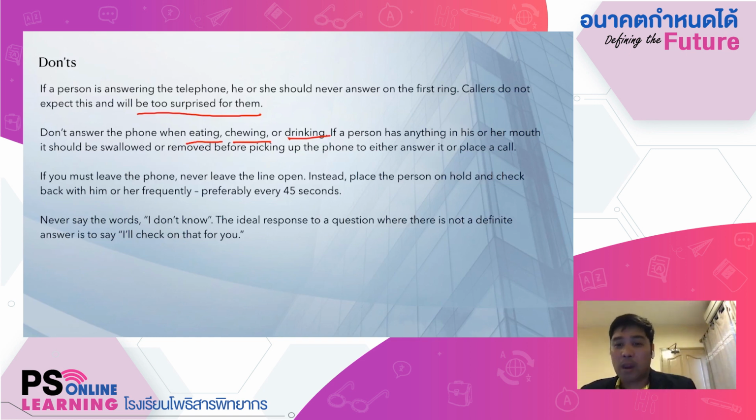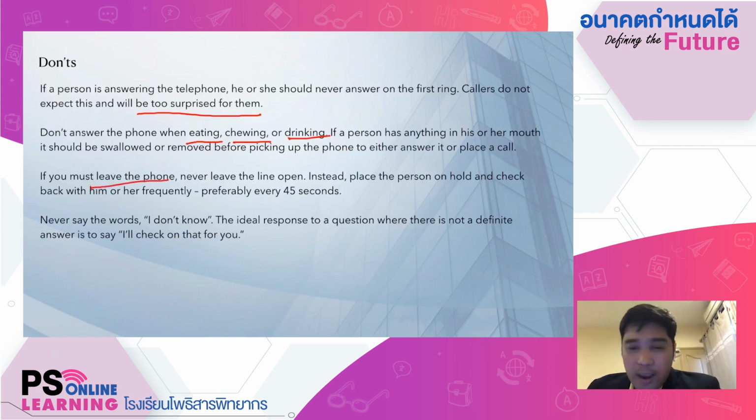Be sure to swallow it or place it aside for later. Okay? It is very bad manners. If I answer the phone, hello, I'm chewing, sorry, I'm, will you understand my words? No, never.